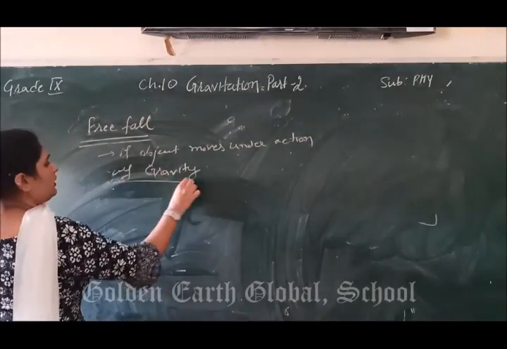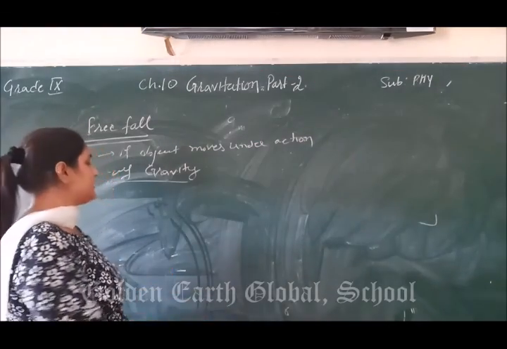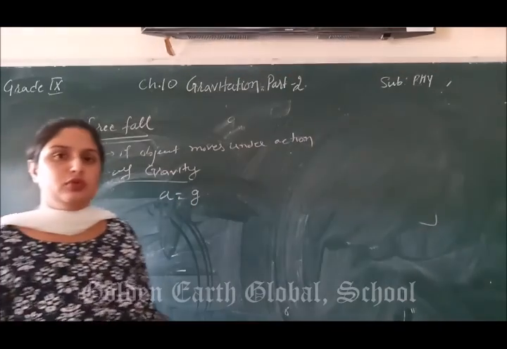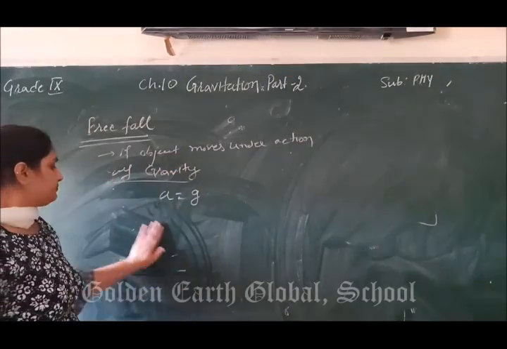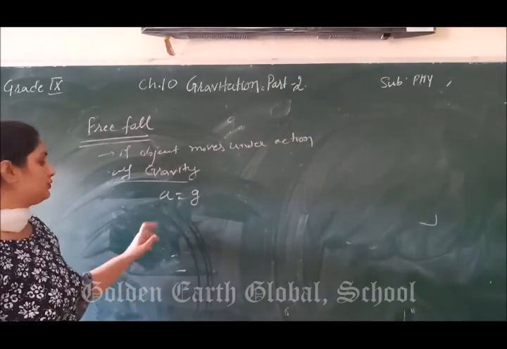Now if the object is moving freely, in free fall, the acceleration of the object will be equal to the acceleration due to gravity. So a is equal to g.